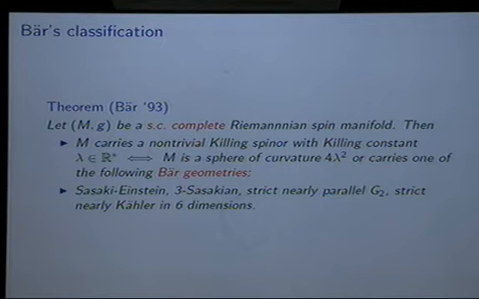This means if you go to the cone, the equation becomes simpler and you can solve it using holonomy group methods. This is practically the idea of the proof of Bär. And then you have to identify which geometries you have on the base. There is some case-by-case study, and these are exactly the relevant geometries.